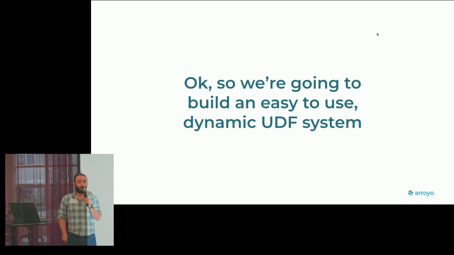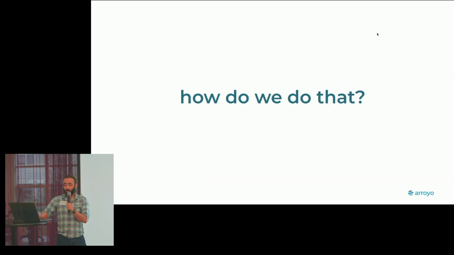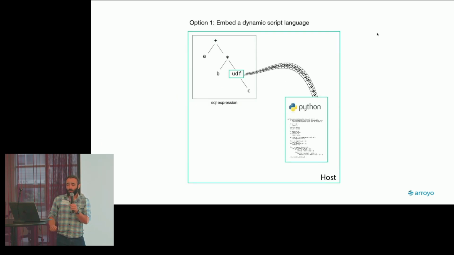Okay, so we want to build an easy-to-use dynamic UDF system. So how do we do that? Well, we have a few different options, and if you survey the landscape, there are different ways this problem is solved. The first answer is to embed a dynamic scripting language. This is great because dynamic languages don't need to be compiled. They don't need to be built into the engine.